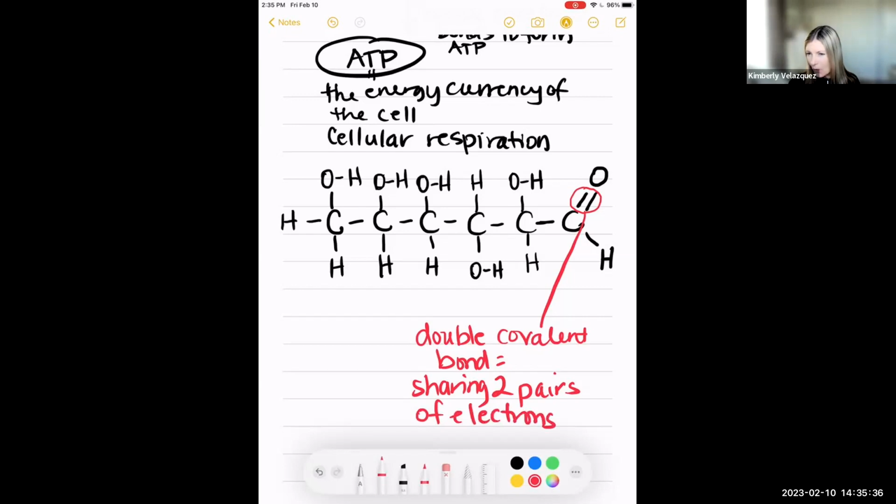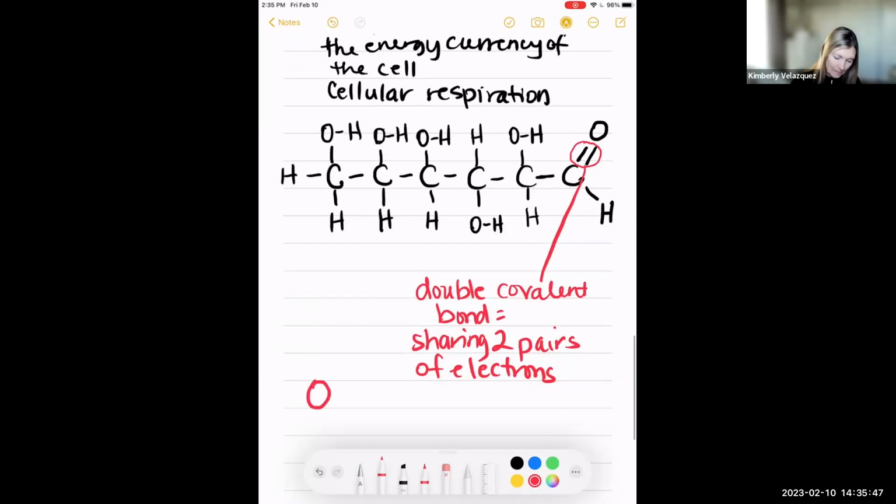To understand why 2 pairs of electrons are being shared in that spot, oxygen is in column 6. It's atomic number 8. It has 6 valence electrons.